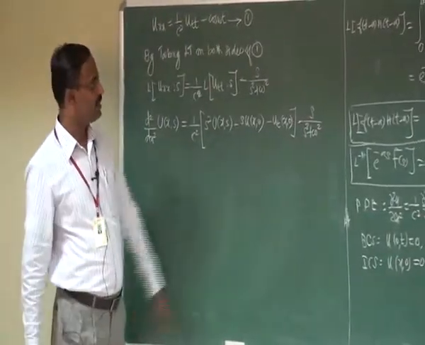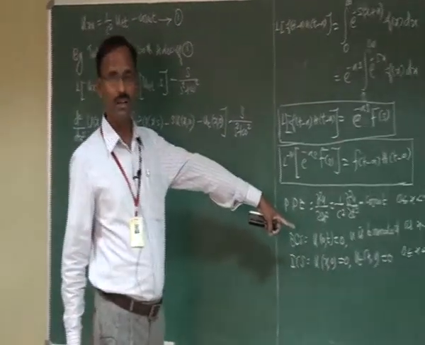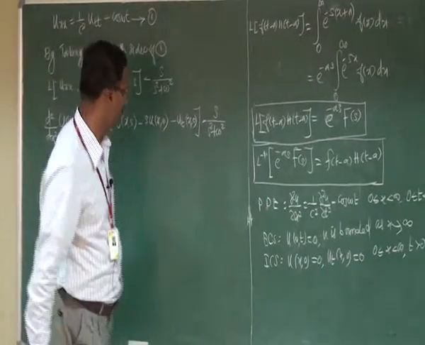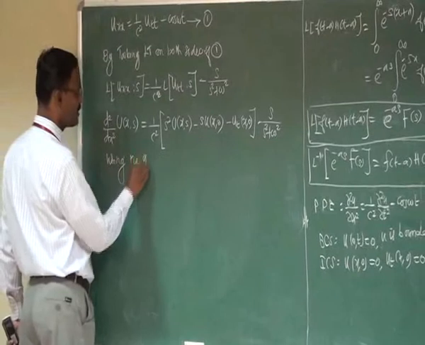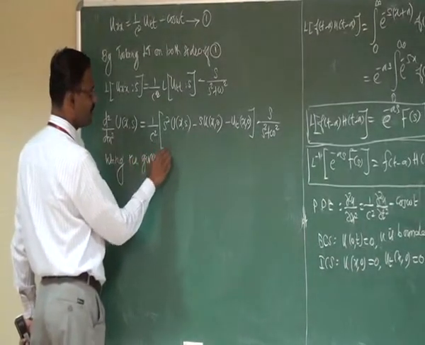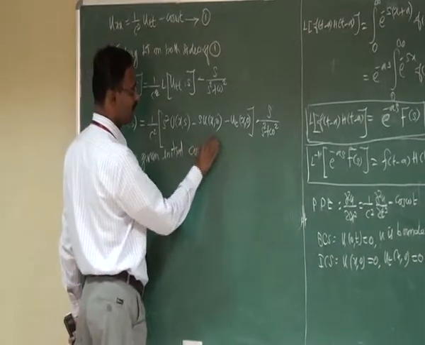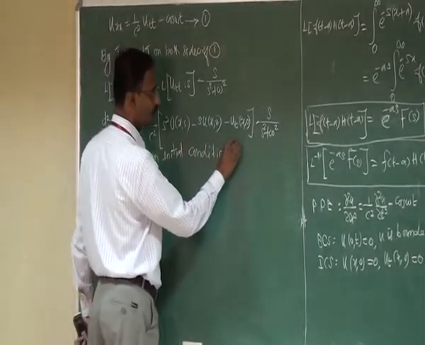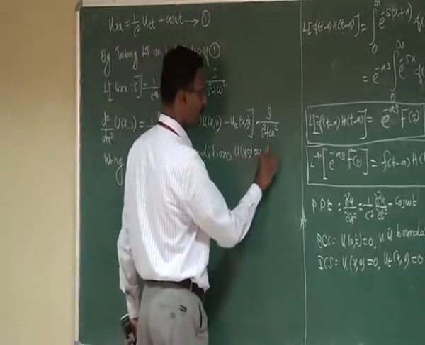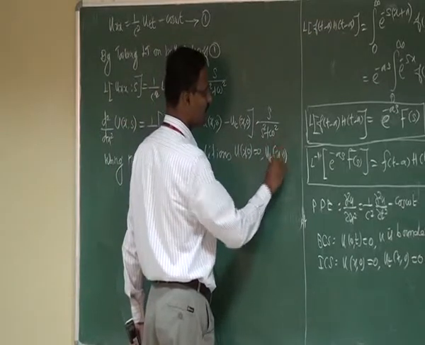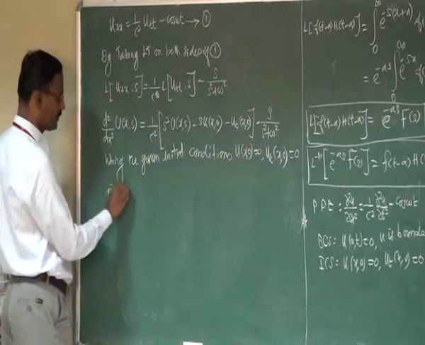So here the initial conditions are u of x comma 0 equal to 0 and ut of x comma 0 equal to 0. So using the given initial conditions, u of x comma 0 is equal to 0, ut of x comma 0 is equal to 0 in the above equation.